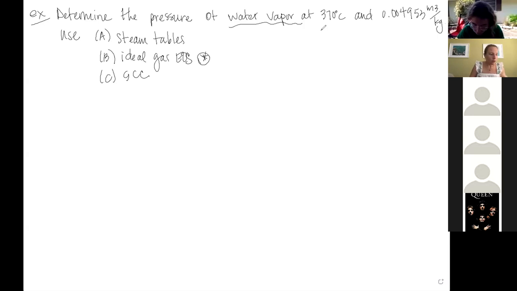All right. So first we're going to look up what sort of values we need. We're going to look up first in table A1 our R value, our critical temperature value, and our critical pressure value.